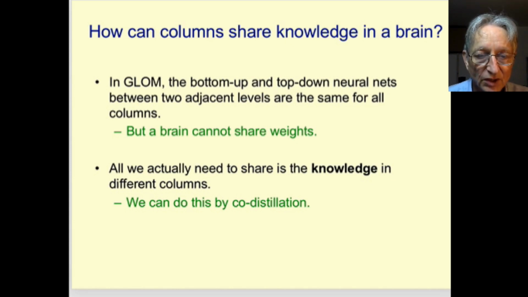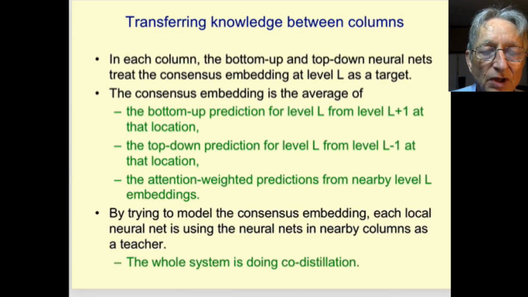What we're doing when we average an embedding with the embeddings produced by nearby nets is we're creating a better training signal for training the bottom-up neural net. So at level L, we'll get what I call the consensus embedding. And that's an average of the bottom-up prediction from level L at that location, the top-down prediction from level L plus 1 at that location, and the attention-weighted predictions from nearby columns at that level.